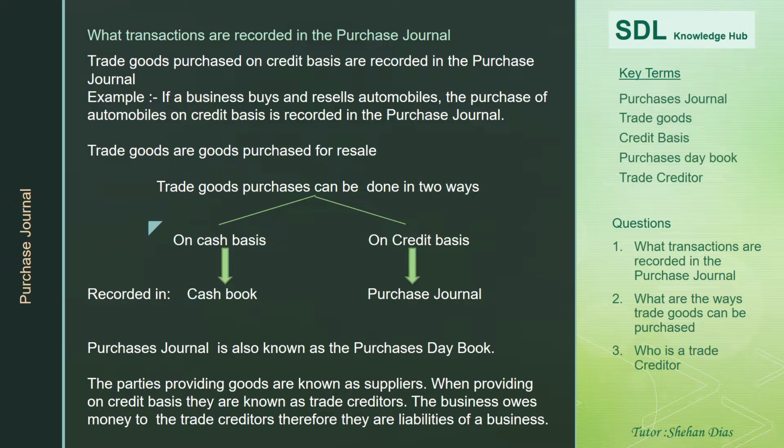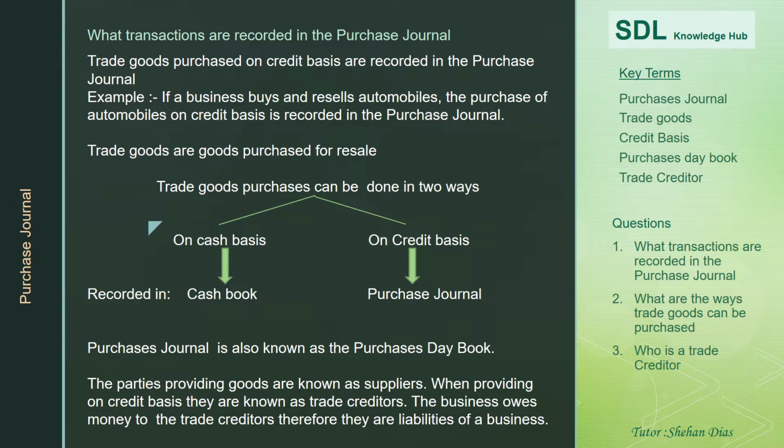In the purchase journal, trade goods purchased on credit basis are recorded. There are two conditions that need to be satisfied for a transaction to be recorded in the purchase journal. It should be on credit basis and it should be trade goods that have been purchased.